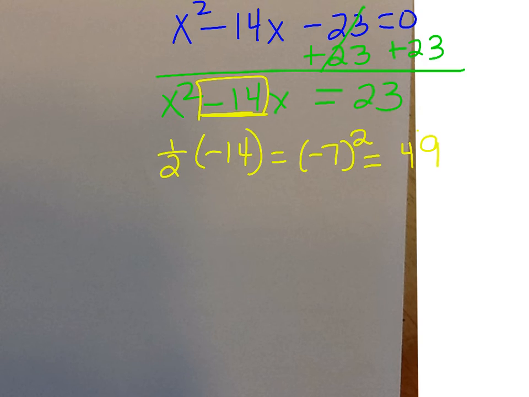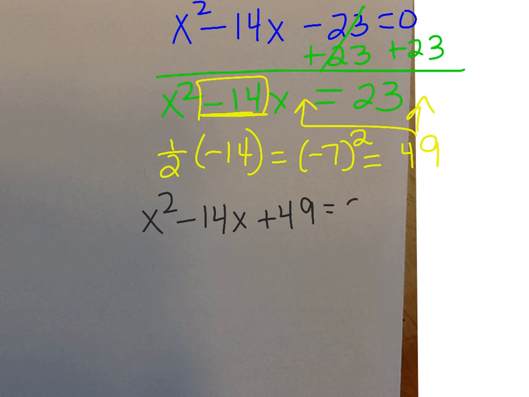Take the 49, add it to the right, and add it over to the left, so that we get x squared minus 14x plus 49 equals 23 plus 49. You're going to clean up the right side by adding those together, and you get 72.